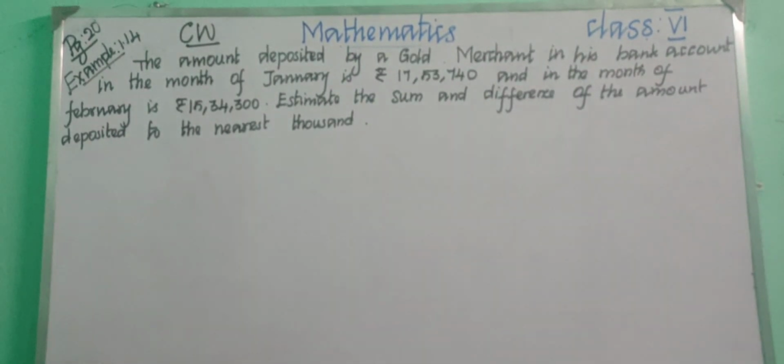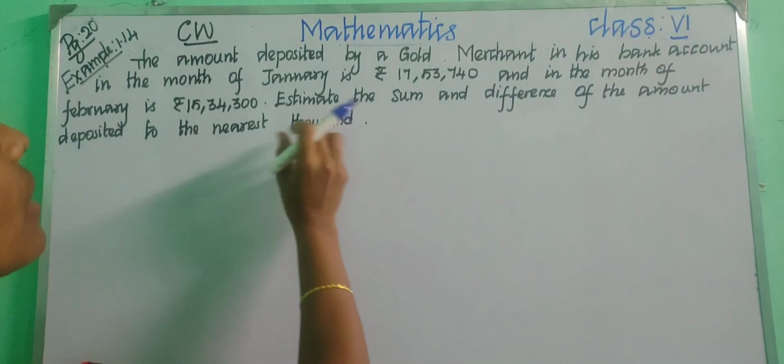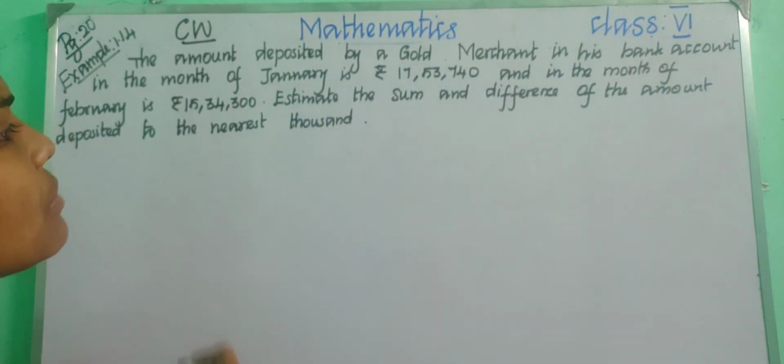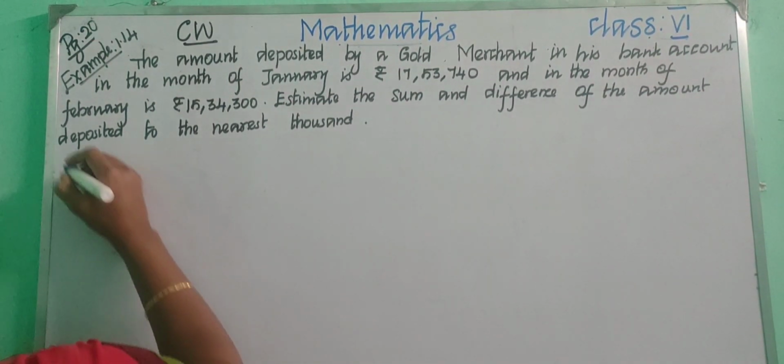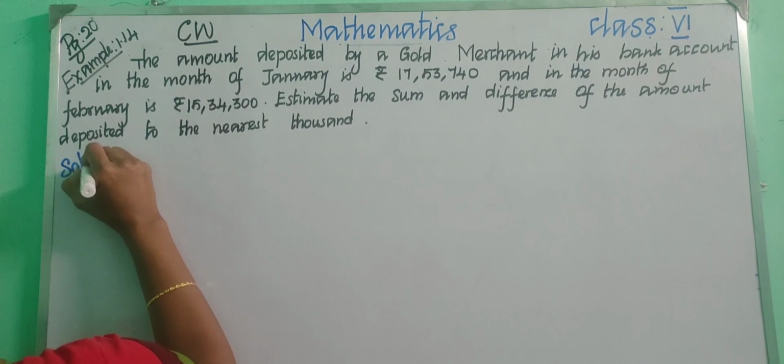Okay children. So here the deposits are in 2 months, January and February. We are going to find the sum and the difference of the amount, and we need to find the estimation also. So let us find. So let us write the solution.